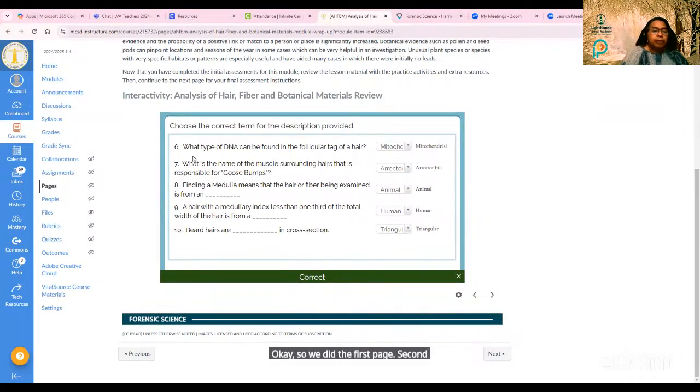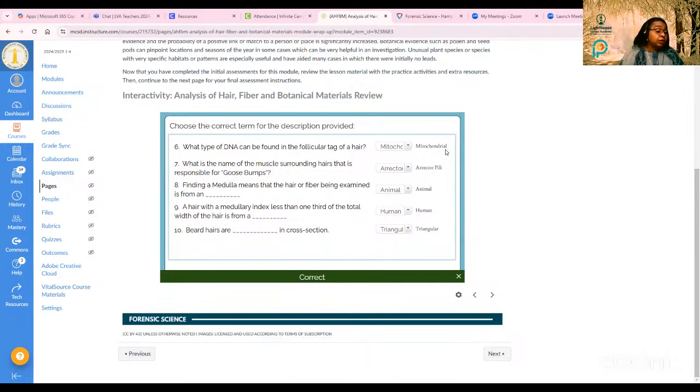All right. The type of DNA that can be found on a follicular tag of hair is mitochondrial. If you remember your parts of the cell from biology, mitochondria is one of the cell structures that are found inside each cell.